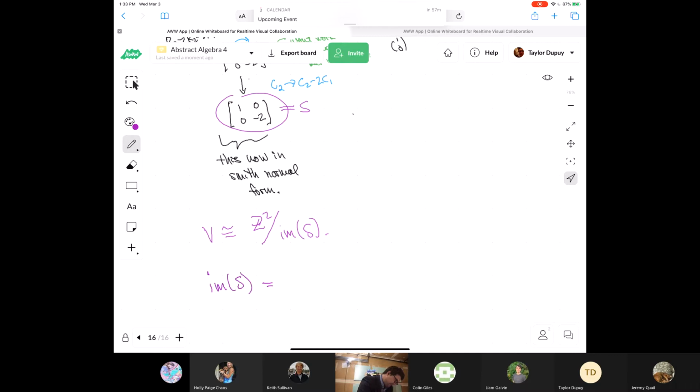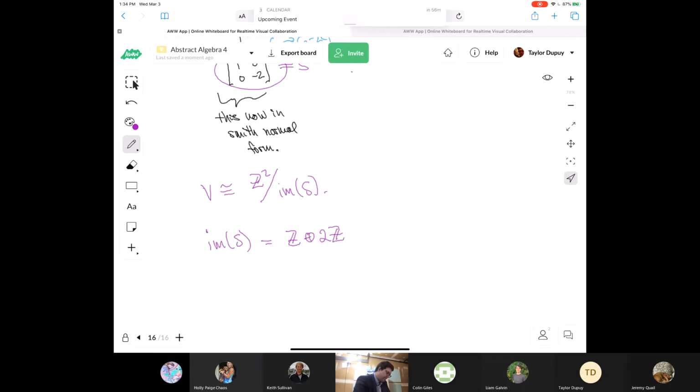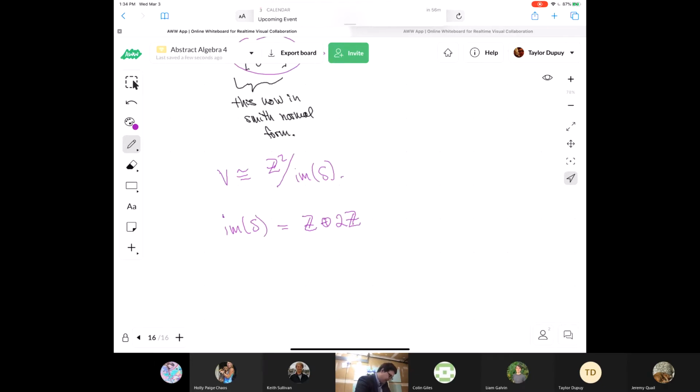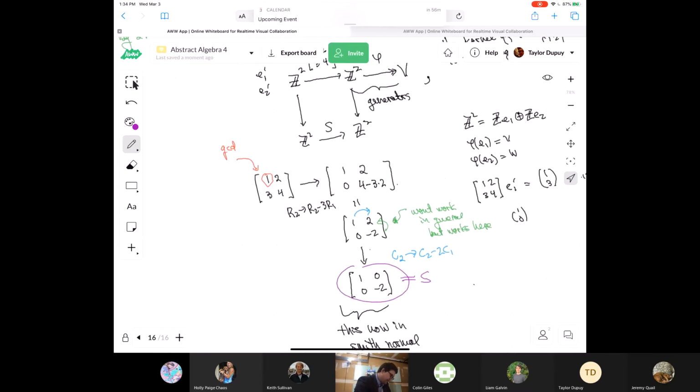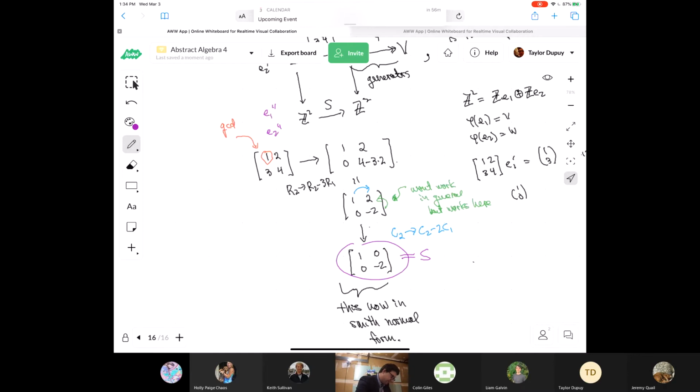In the first component, we just have Z direct sum 2Z. Agreed? Now we need to give this a basis, so let's call these E1 prime prime and E2 prime prime.